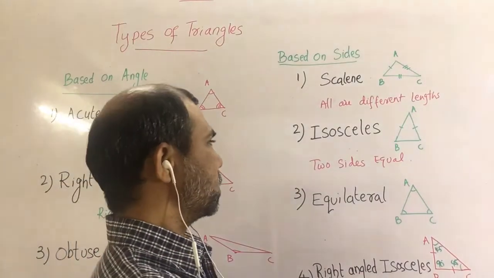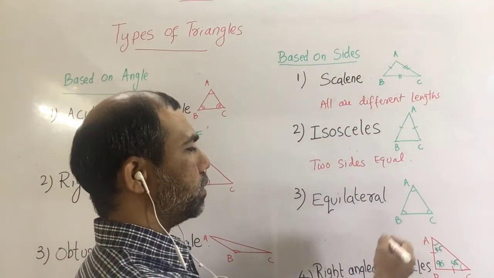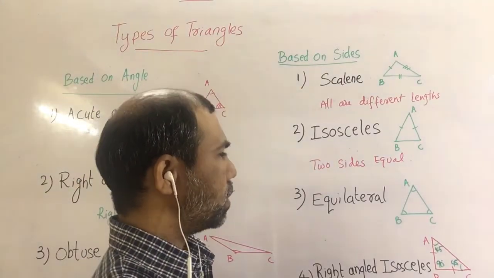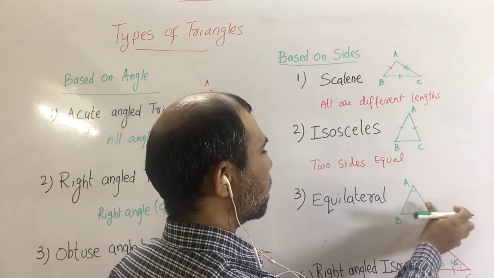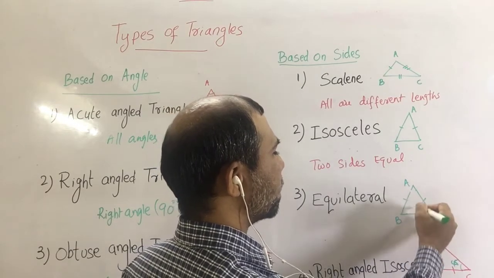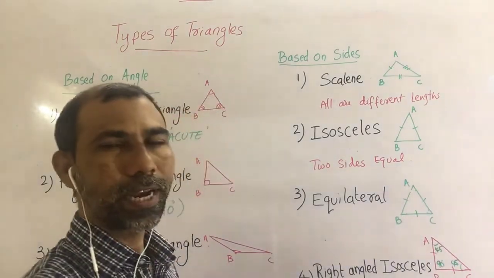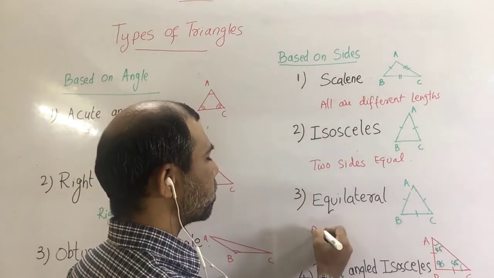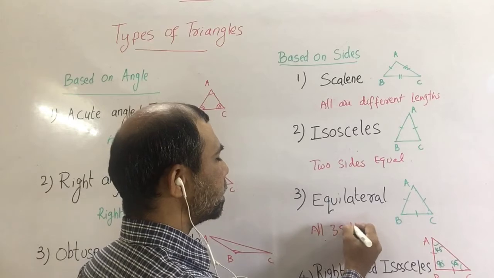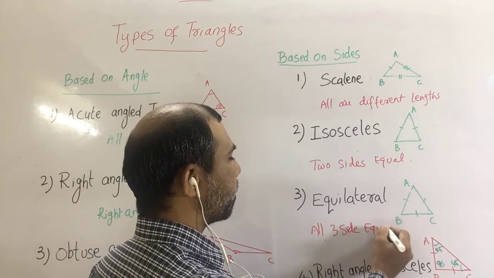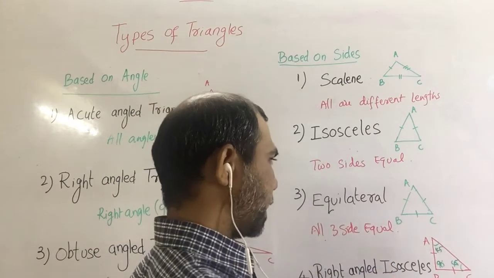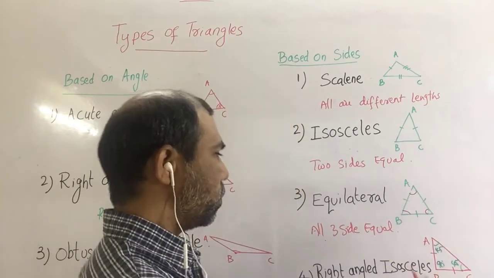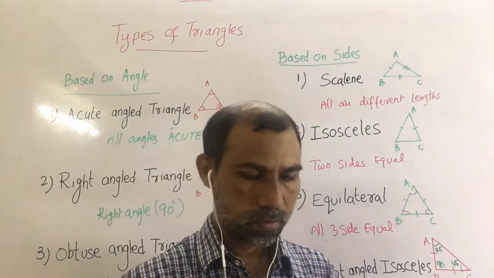And we have the third type, equilateral, where all three sides are equal. Of course, the angles also will be equal. All three sides equal, it is an equilateral triangle. All the angles also must be equal when the three sides are equal.